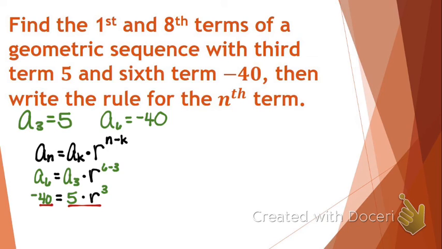I'm going to divide both sides by 5. And so I get negative 8 is equal to r to the 3rd power. What do I do now? Cubed root. Do I have to worry about pluses and minuses with a cubed root? I do not. It is negative 2.